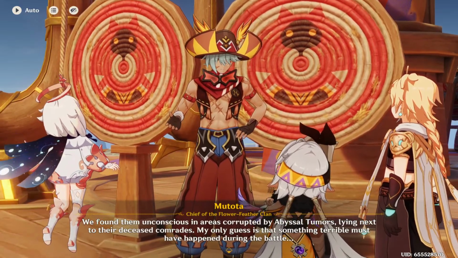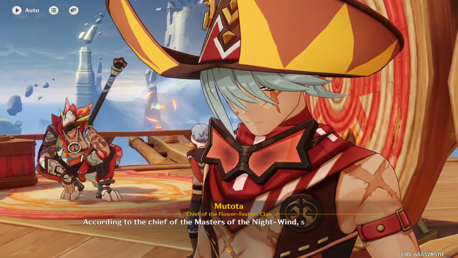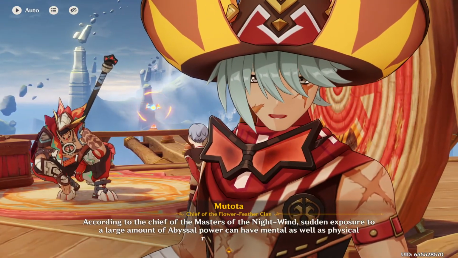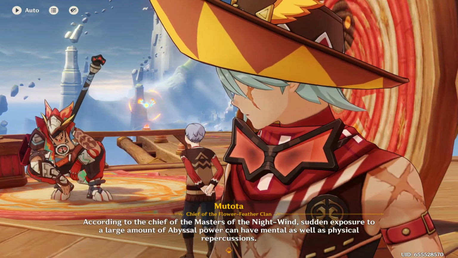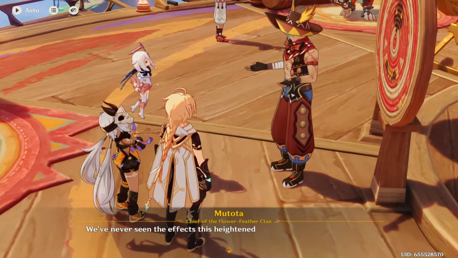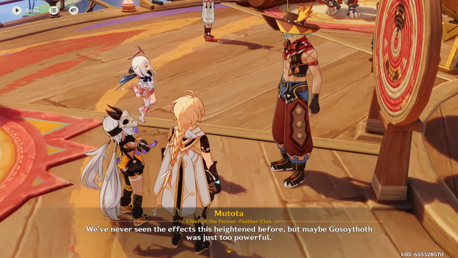My only guess is that something terrible must have happened during the battle. According to the chief of the Masters of the Nightwind, sudden exposure to a large amount of abyssal power can have mental as well as physical repercussions. We've never seen the effects this heightened before, but maybe Gasoithoth was just too powerful.